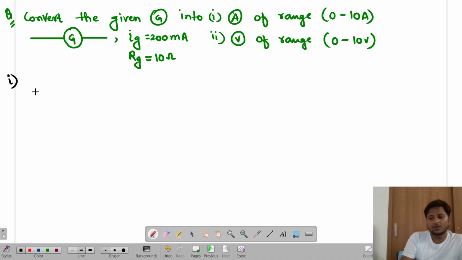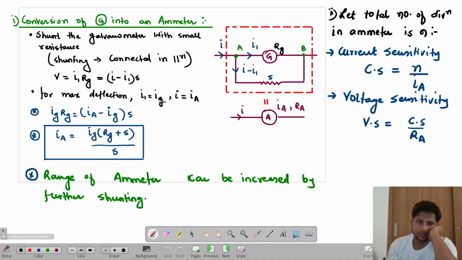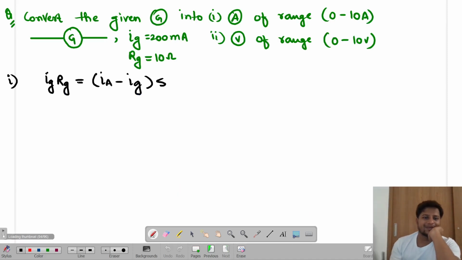So in the first one, which formula will I use? Ig into Rg is equal to the ammeter current minus galvanometer current into shunt. Yes, this is my formula. So look over here. I know my galvanometer current. It is 0.2 amperes, isn't it? The resistance of galvanometer is 10. Ia maximally I want 10 amperes.